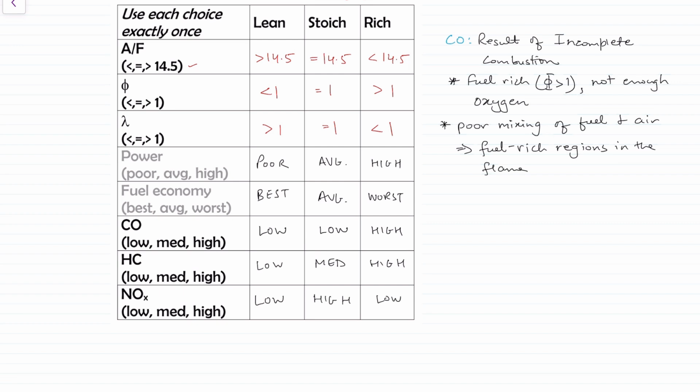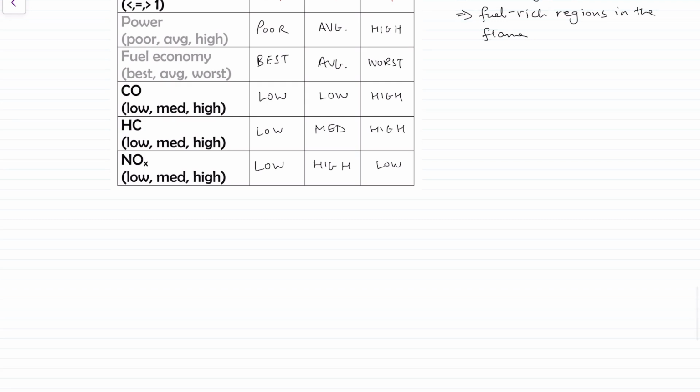In fact, if you were to write that kind of an equation, it would be C7H13 plus oxygen, but as I said, we have not enough oxygen, and we have some N2.